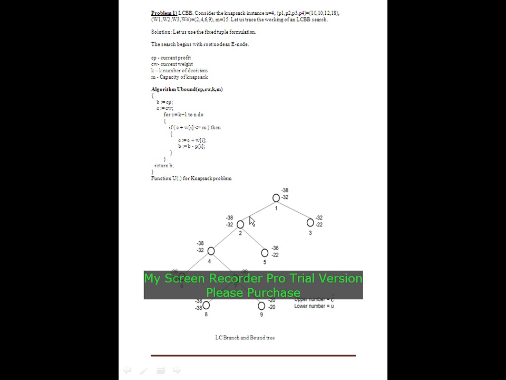When I am excluding 2, which items do we have to consider? 1, 3, 4. So 1 is 10 plus 2 is 12 plus fraction. So 10 plus 12, here you can see 2 plus 6, 8. So subtract 8 from 15. The remaining space is 7.